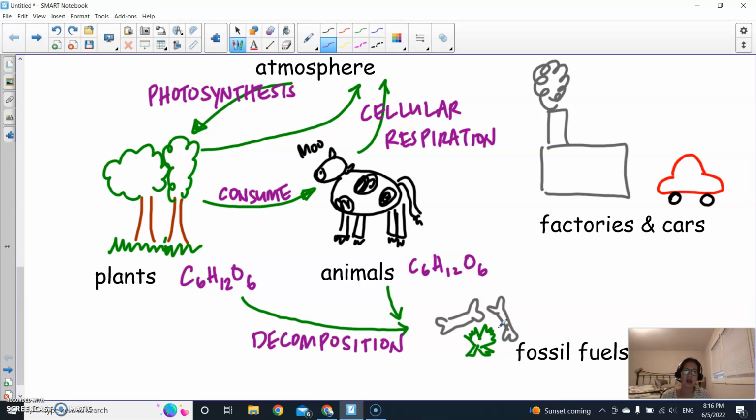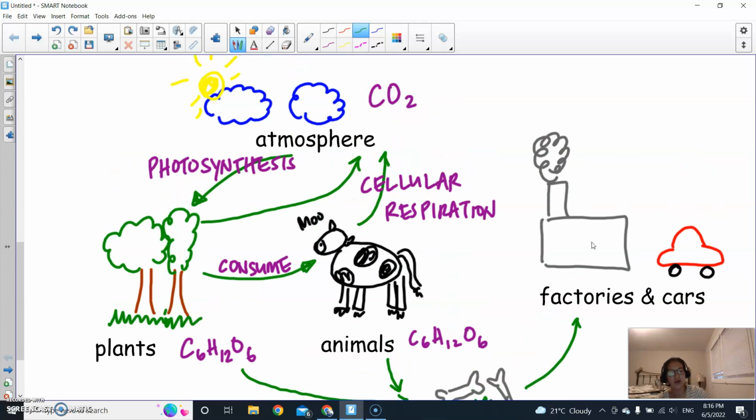And then what happens is that we dig up these fossil fuels and then we burn them. So I'm going to point this over to the factories and cars, and then the factories and cars will burn them and return it into the atmosphere, and that's why we have global warming. So over here, I'm going to write down burning.